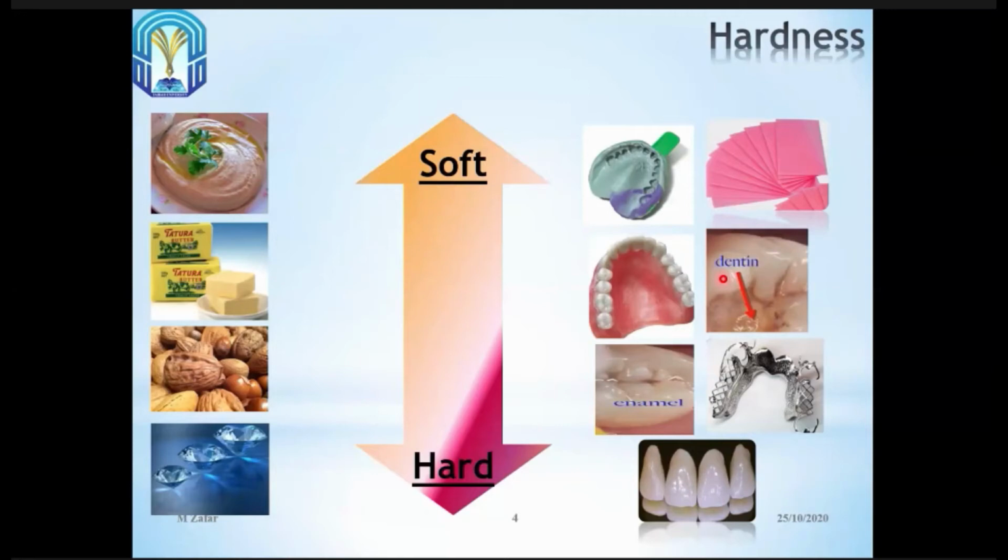We have harder materials like tooth itself, dentine, enamel, or denture framework, or even porcelain, which is the hardest material. So depending on the application, we can range material from soft material to hard material.